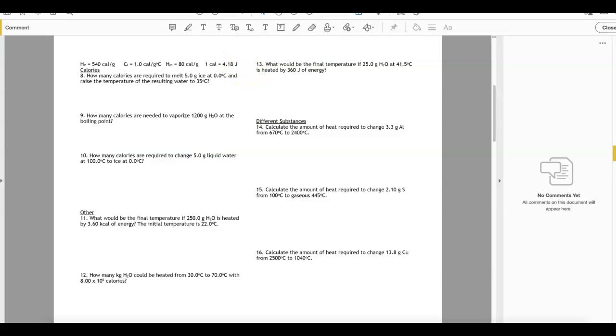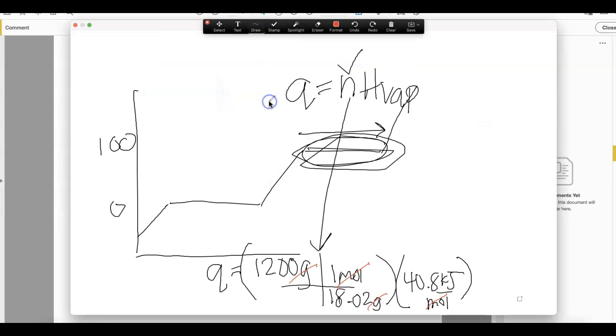So if I take my number and turn it to joules, I can just do one more step using that conversion factor to turn it to calories.